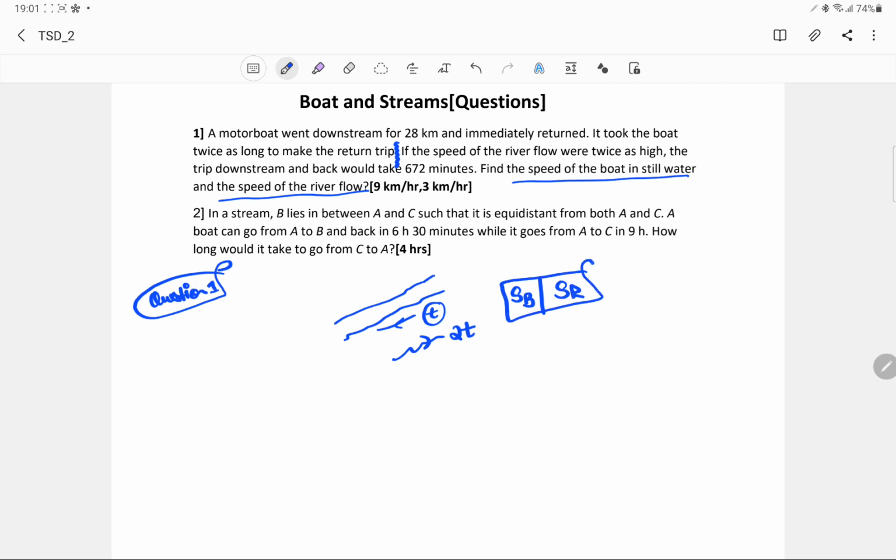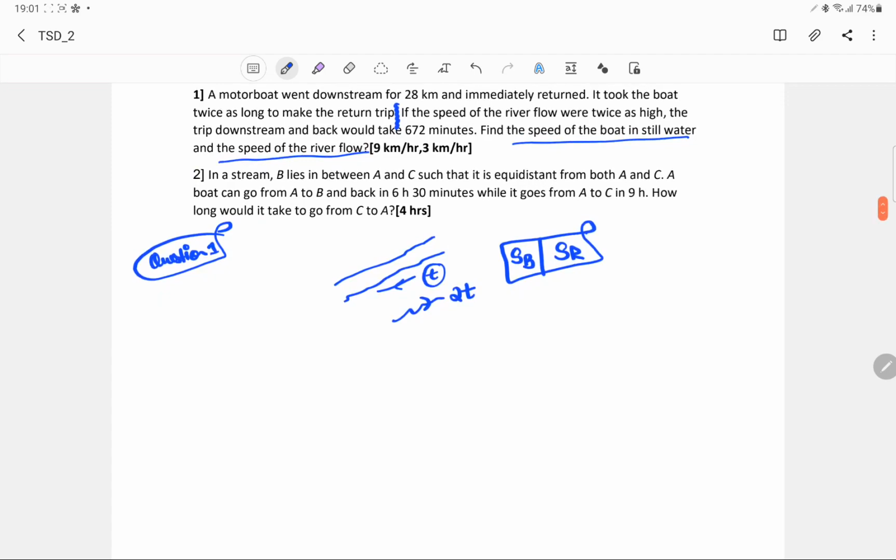Let's talk about this part. If the speed of the river flow were twice as high, the trip downstream and back would take 672 minutes. So this is 672 upon 60, the time in hours.